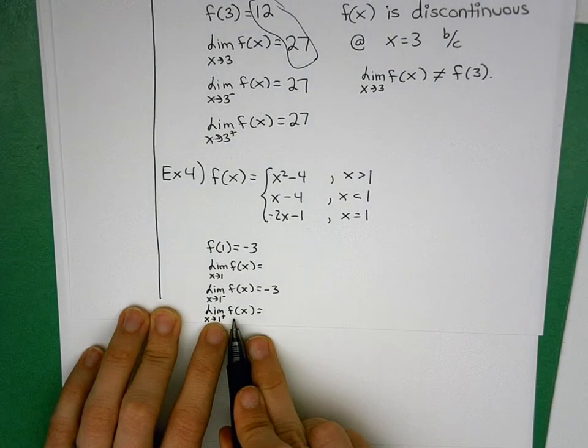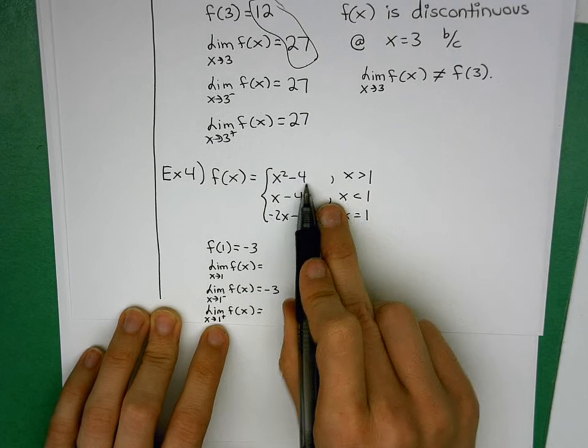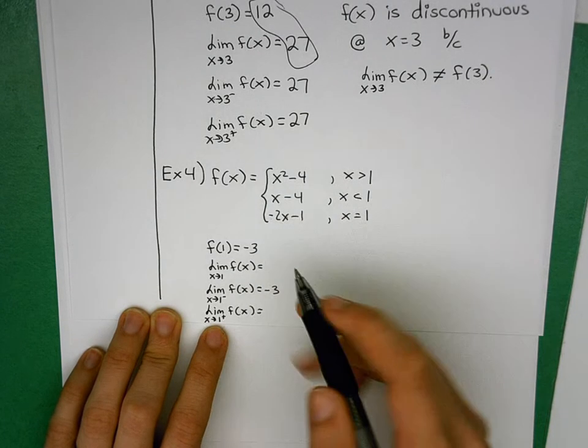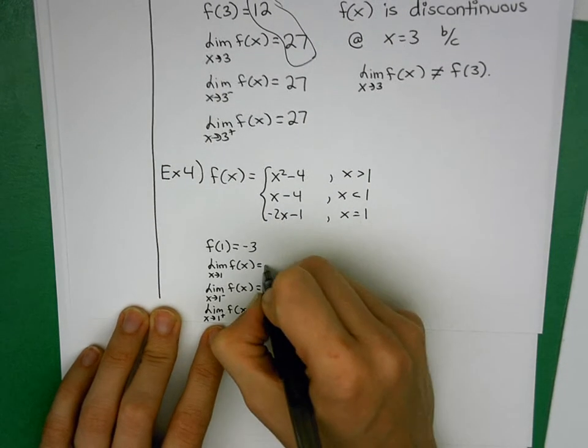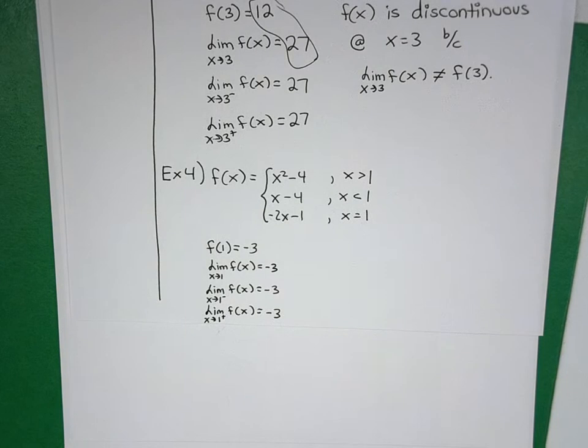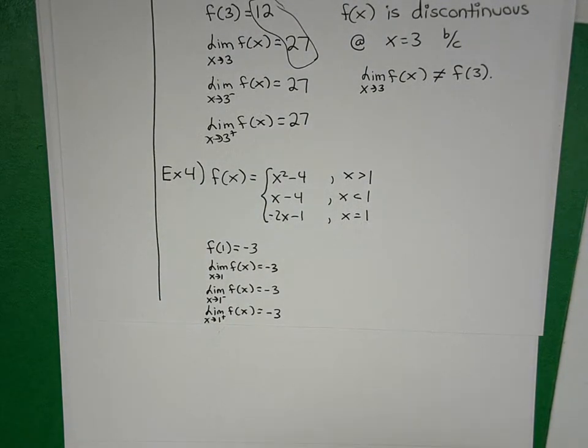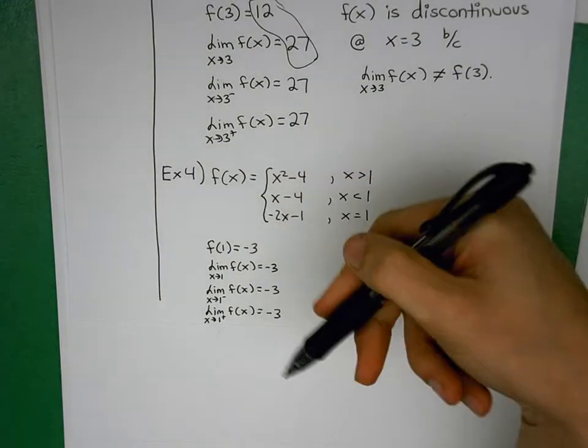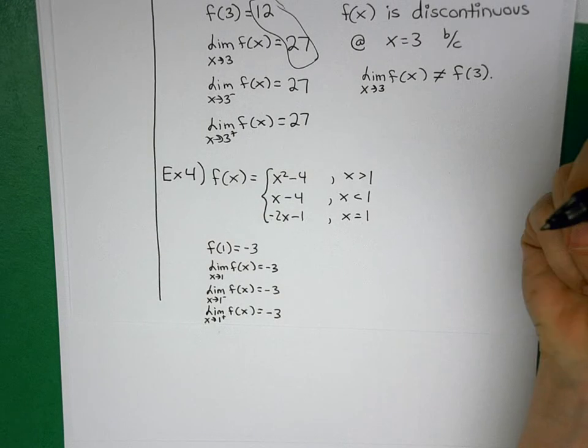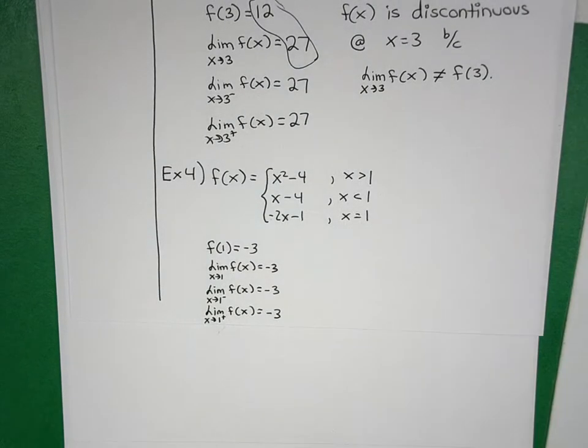From the right, top function, x squared minus 4, or 1 squared minus 4, which is negative 3. So I do have an overall limit. And condition 3, my point is negative 3, my limit is negative 3, so my point does equal my limit. So it's continuous. All 3 conditions are met.